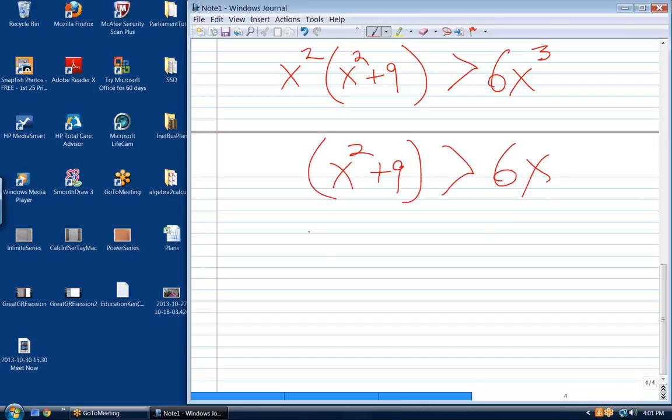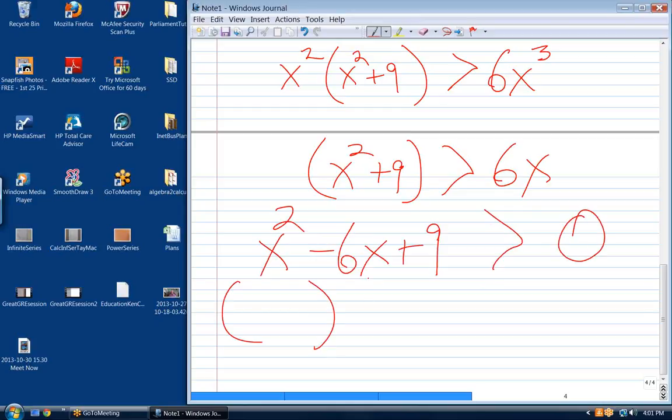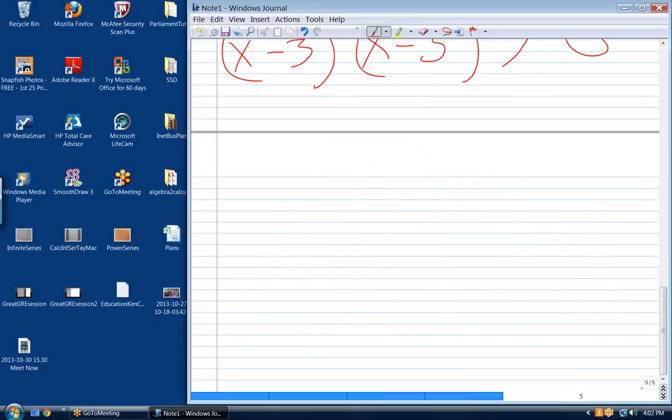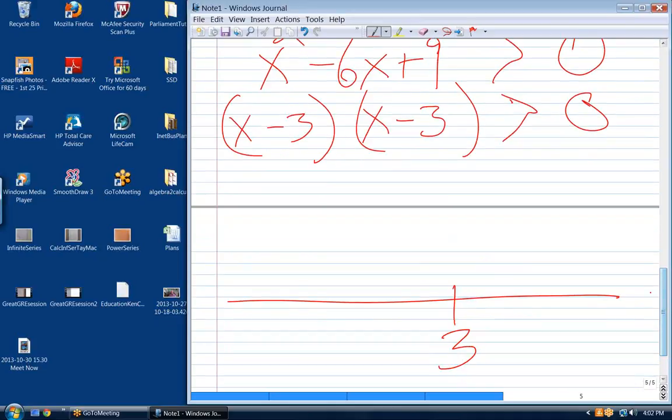Then I can move that over, so I have x squared minus 6x plus 9 greater than 0. Does that factor? It would be x minus 3, x minus 3. So my only critical number is 3. I merely have to test left and right of 3.